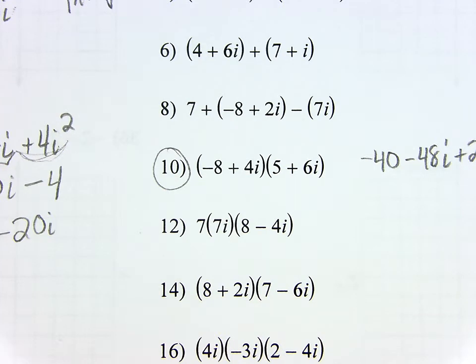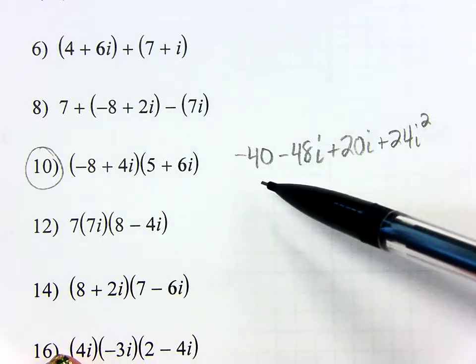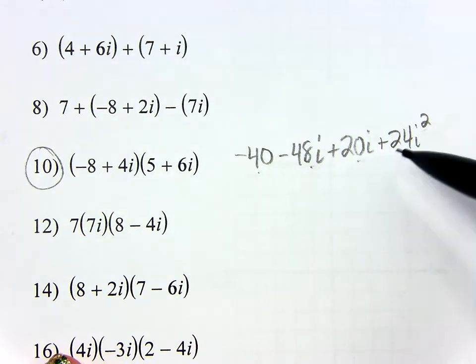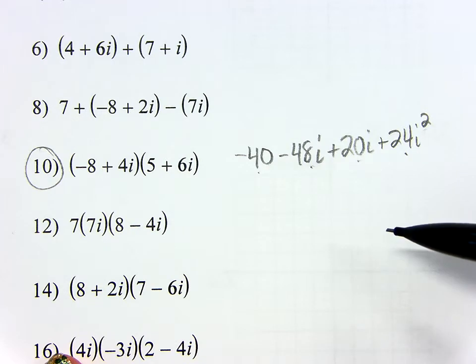We got an answer? Maybe? So, when I foiled, here's what I got out. So check that we matched in step 1. First, outside, inside, last. Yeah? Does that match up? Now, I can do a couple of things.